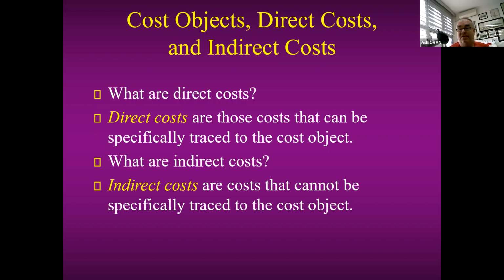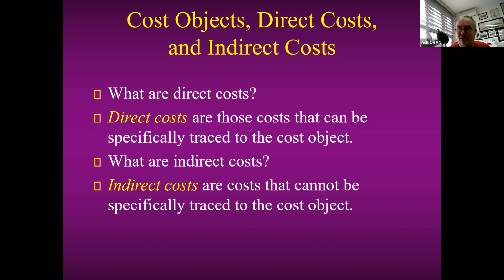For example, the labor of the person producing that table, we said, is a direct cost, but the labor of the person cleaning the factory, or the salaries of the managers in charge of that factory, can they be traced to individual cost objects? Typically not. So they are indirect.